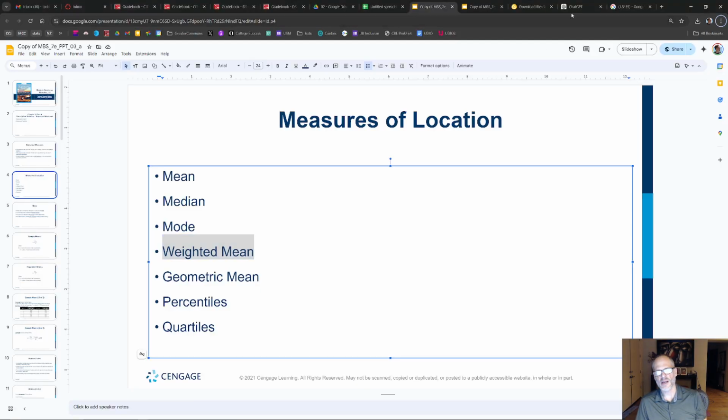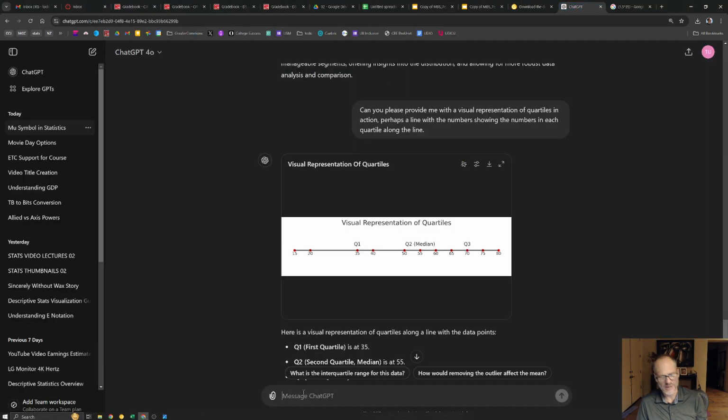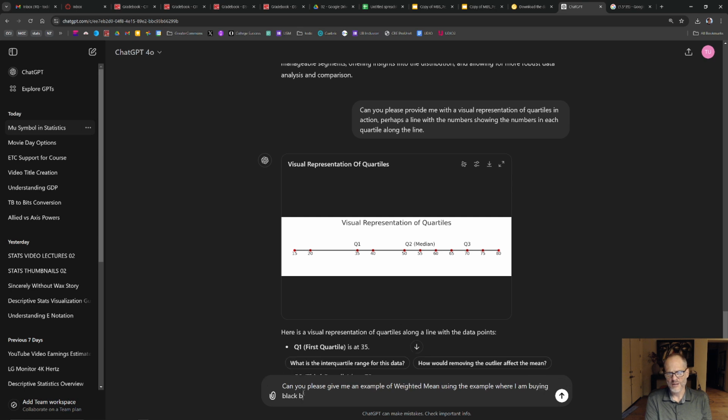So I could come back over to ChatGPT to get an example. Say, can you please give me an example of weighted mean using the example where I am buying black beans by the pound at different prices over time.